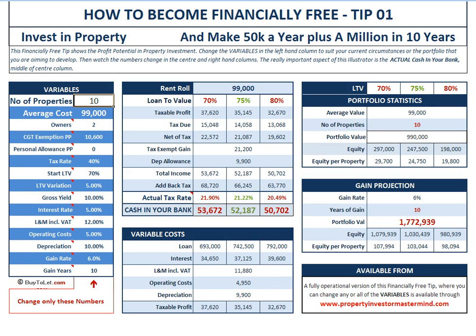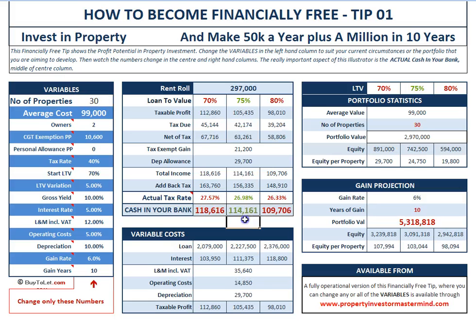Let's assume that we took this up to 30 properties, but you're still buying them at £99,000. Okay? And you're developing a portfolio of 30 properties over, let's say, what, 2, 3, 5 years? Look at the change here. This £52,000 jumps to £114,000 tax paid.